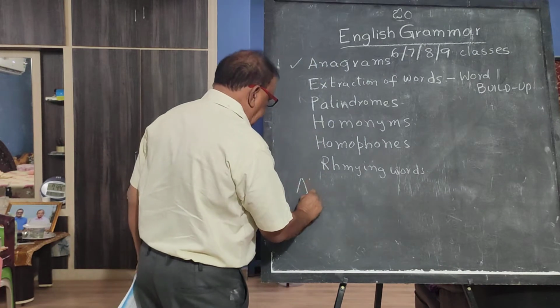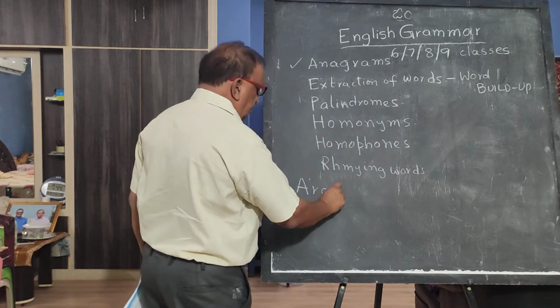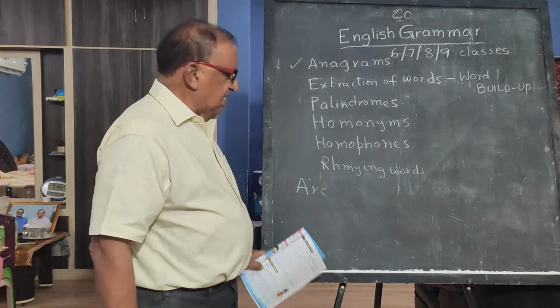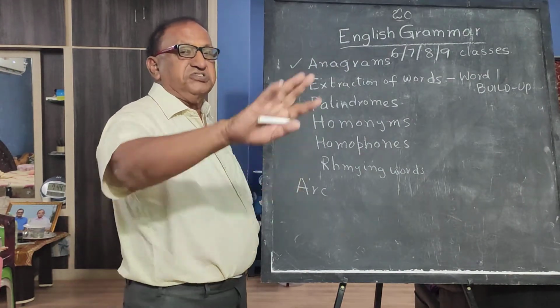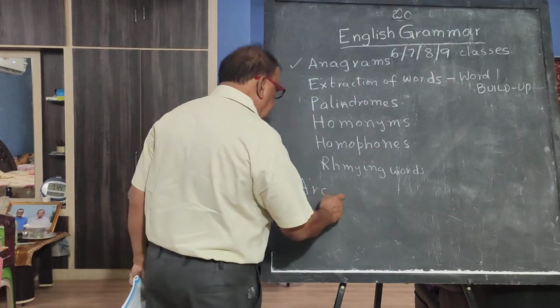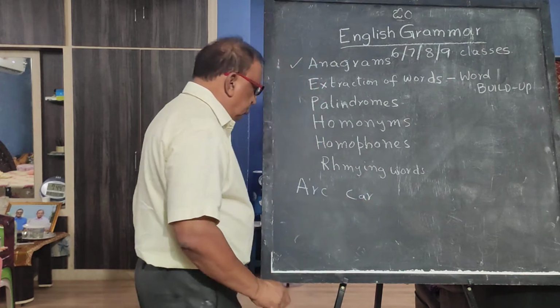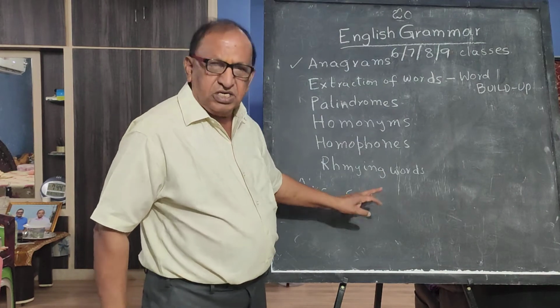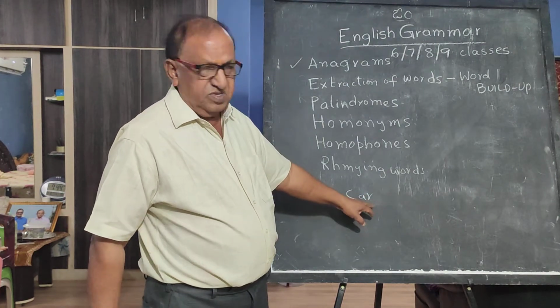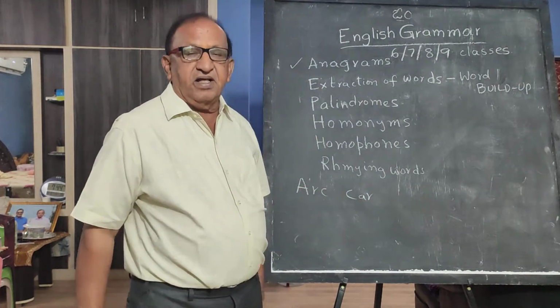Let us see. A-R-C, arc. There are three letters here. If I interchange, like for example, if I write C-A-R, so you are getting all together a new word. So this is called an anagram.